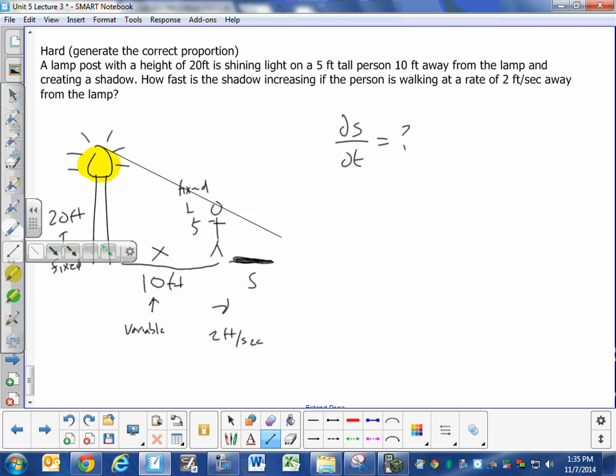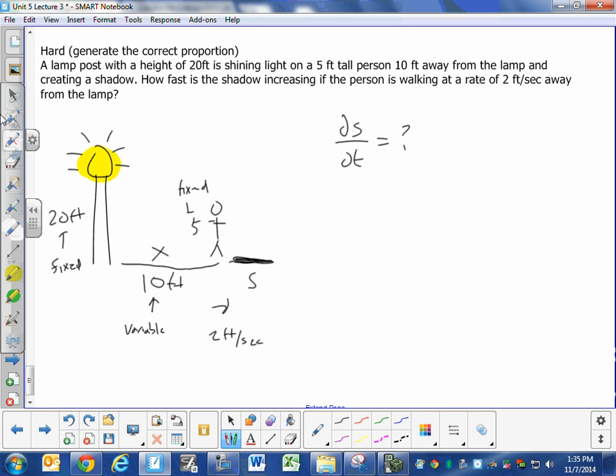So I have a triangle here on the outside that must be proportional to the triangle here on the inside. Well, that's going to be the proportion I'm going to use to help solve this situation and find ds/dt. I know that the length from the pole to the end of the shadow divided by the length of the pole.